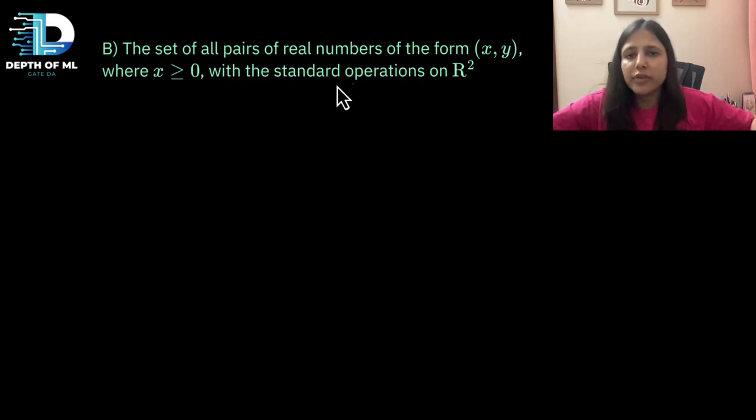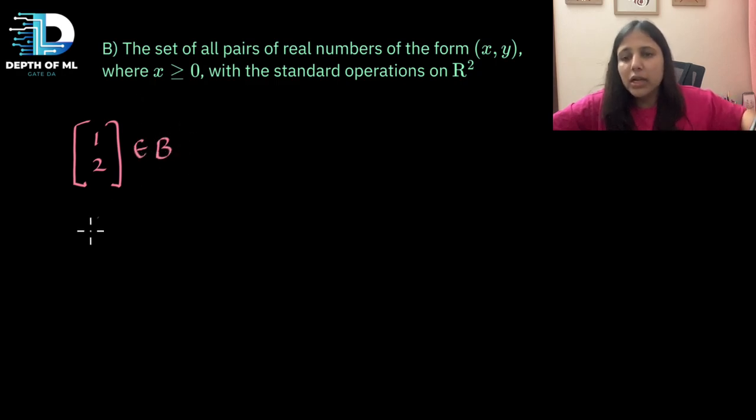Now let's check the second option. Set of all pairs of real numbers of the form (x, y) where x is greater than or equal to 0, with standard operations in R2, right? So we have seen this example before, right? So in this case, I can take a counterexample and prove that this is not correct. Suppose I have a vector, say (1, 2). This belongs to set B, right? Now I take c to be equal to -1 and I multiply -1 with this vector (1, 2).